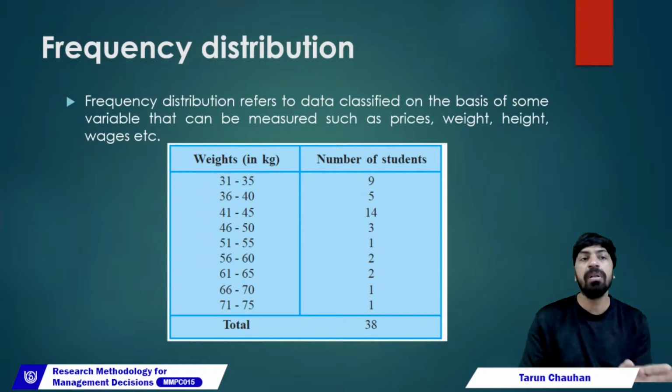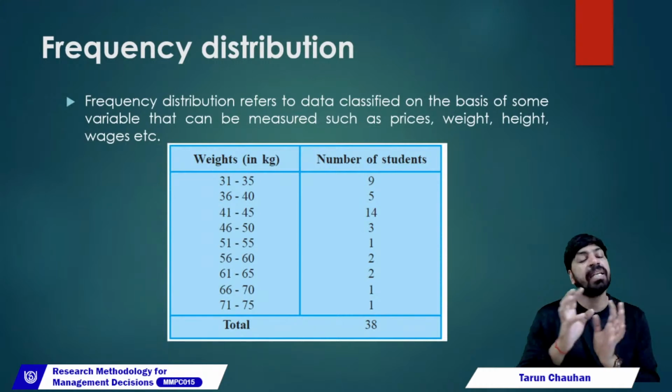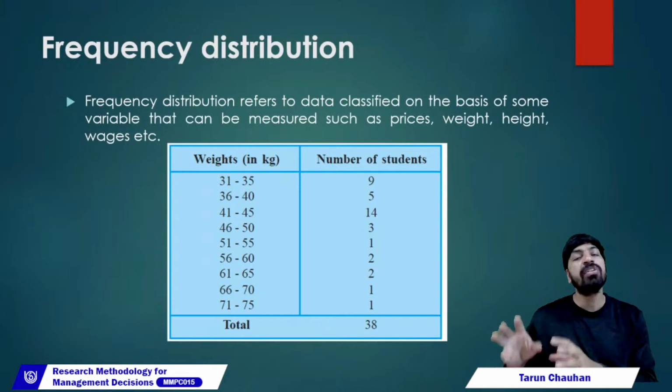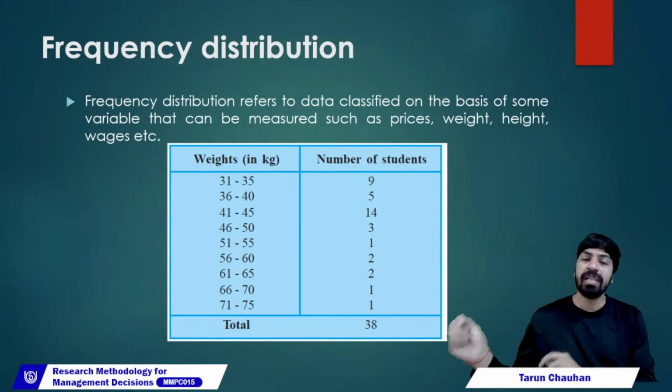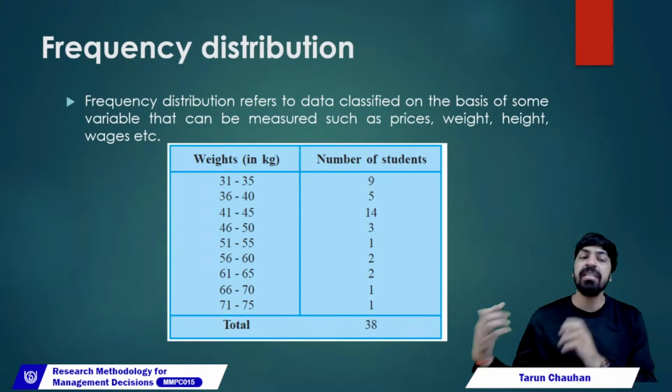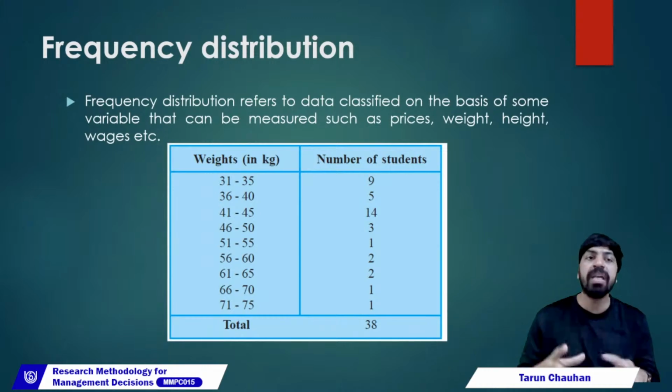That's called a discrete frequency distribution, where we are talking about one variable that can be easily counted with corresponding frequencies.